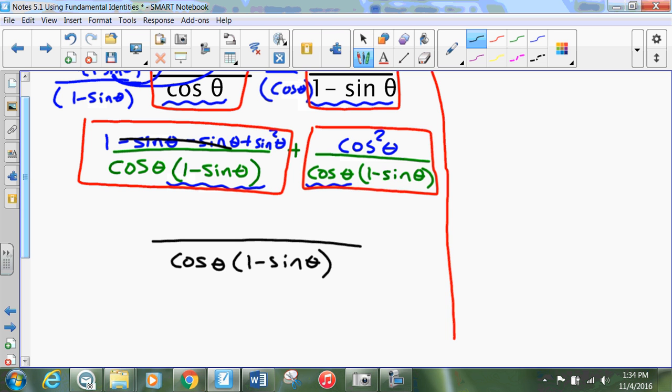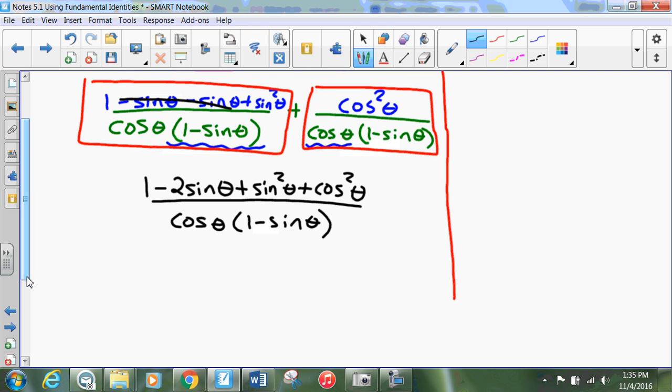I'm going to bring down the 1. Negative sine theta minus sine theta is negative 2 sine theta. And then I've got the plus sine squared theta. And then I'm going to bring down the positive cosine squared theta. So I combined the numerators of the 2 fractions. I also combined the 2 common terms up there in the first fraction.